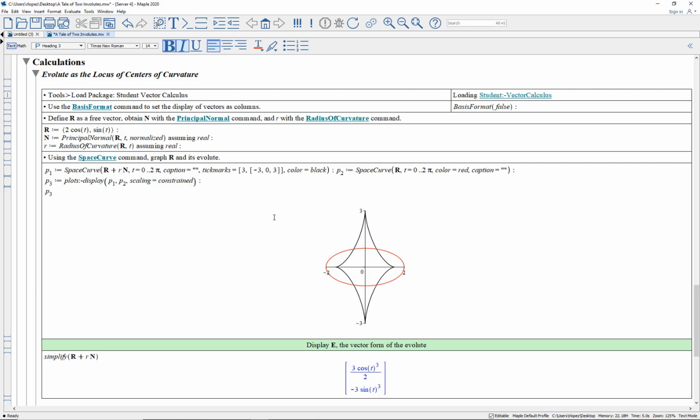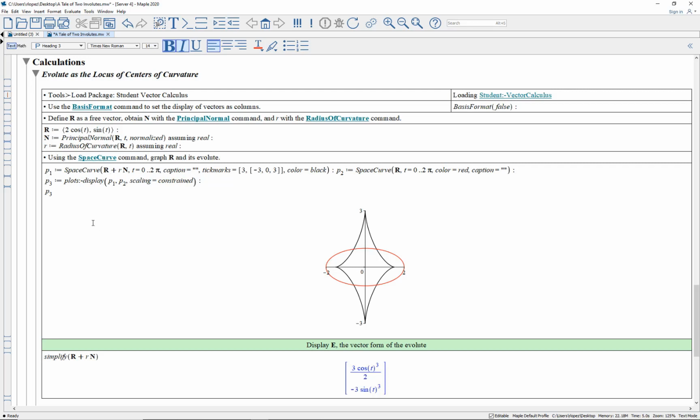I'm going to draw the graph of R and the evolute using the space curve command in the student vector calculus package. Now, there is a space curve command that has no capital letters in the plots package. The problem with that command that I see is it only works for a curve in space, 3 components.